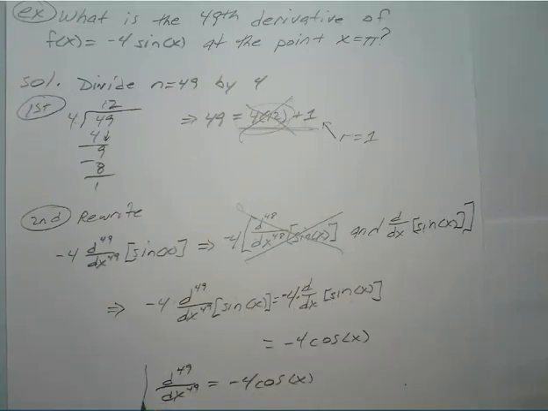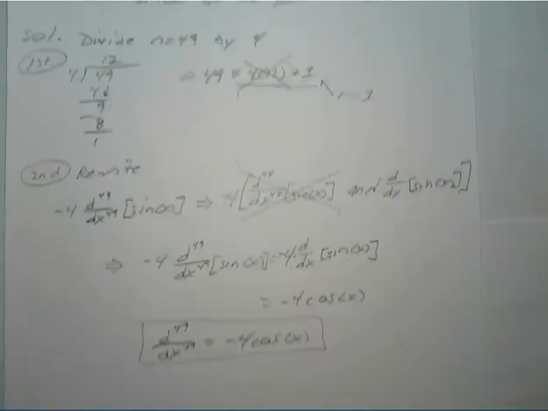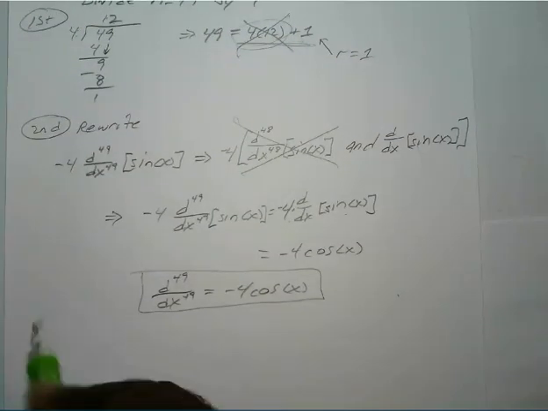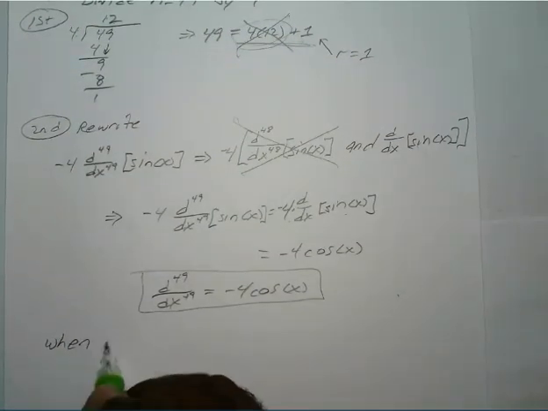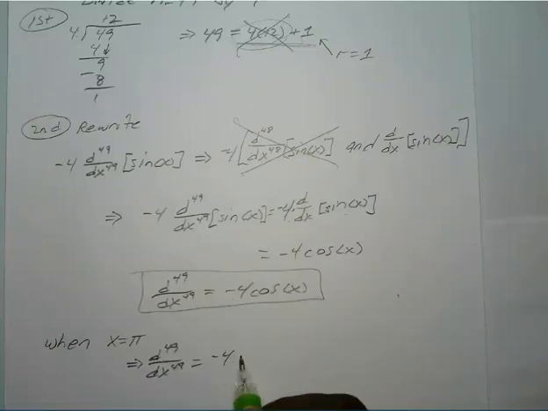I'm just going to draw a little square around that because we still have to put in our point. Remember, it said at the point x equals pi. So when x equals pi, our 49th derivative equals -4 times cosine pi.